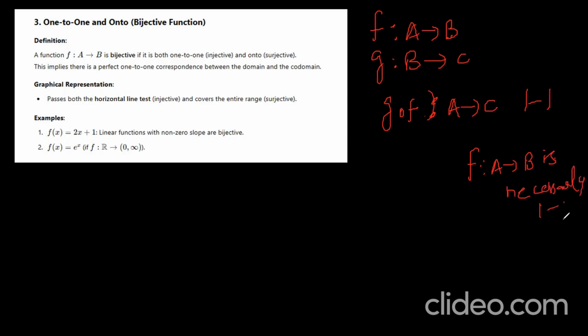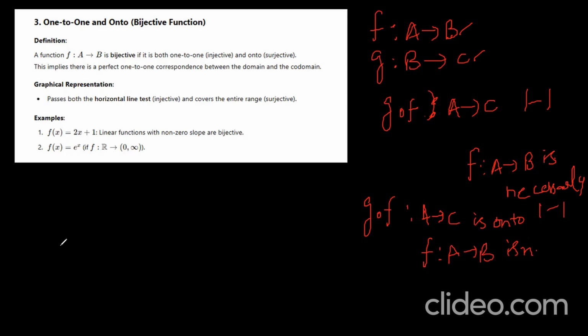Similarly, if G circle F maps A into C is onto, then G maps B into C is necessarily onto.